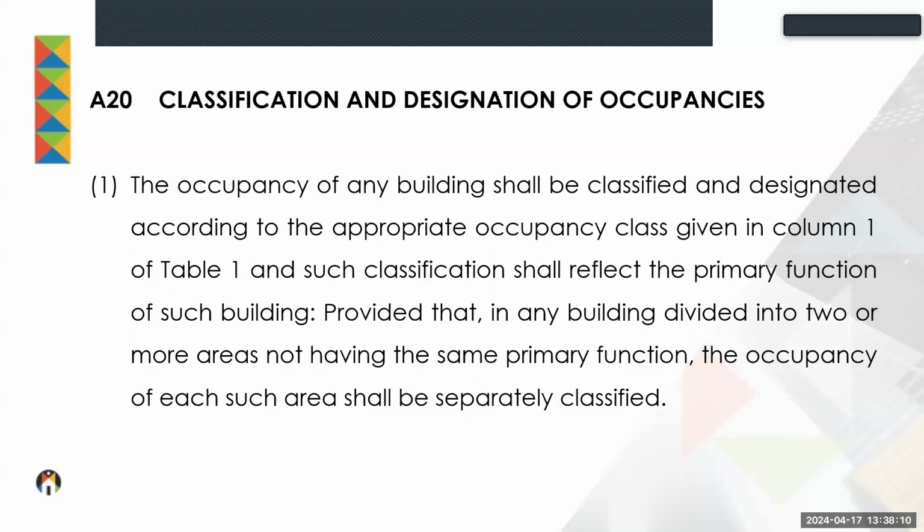So if it's a school, you will say A3. You will not say, okay, there's an A1, A3, and there's a G1, and there's an A1, etc. You look at the main occupancy, if it's clearly a school. But let's say you've got a building on a small holding. One part is residential, and the other parts will be associated with farming activities.